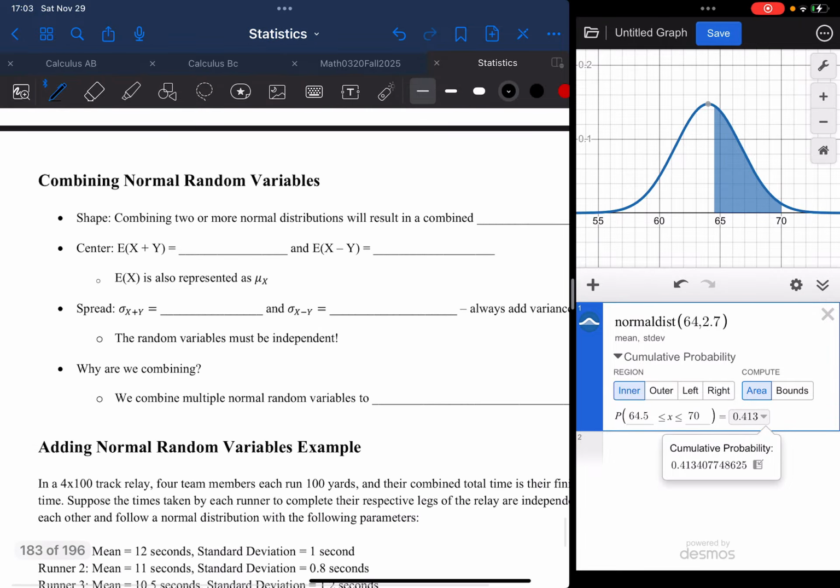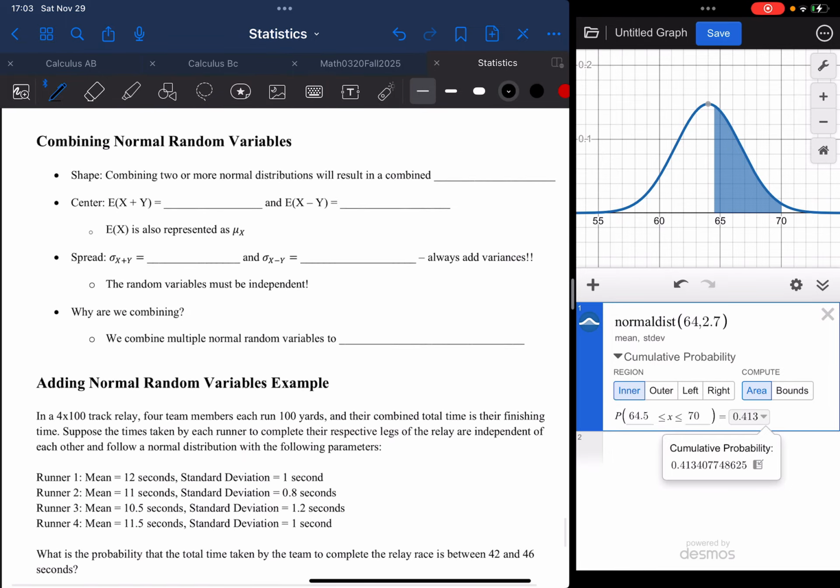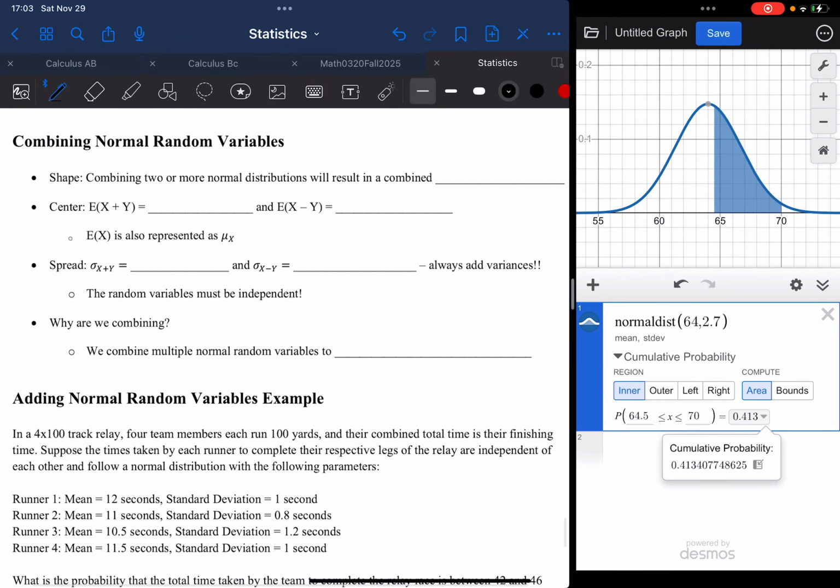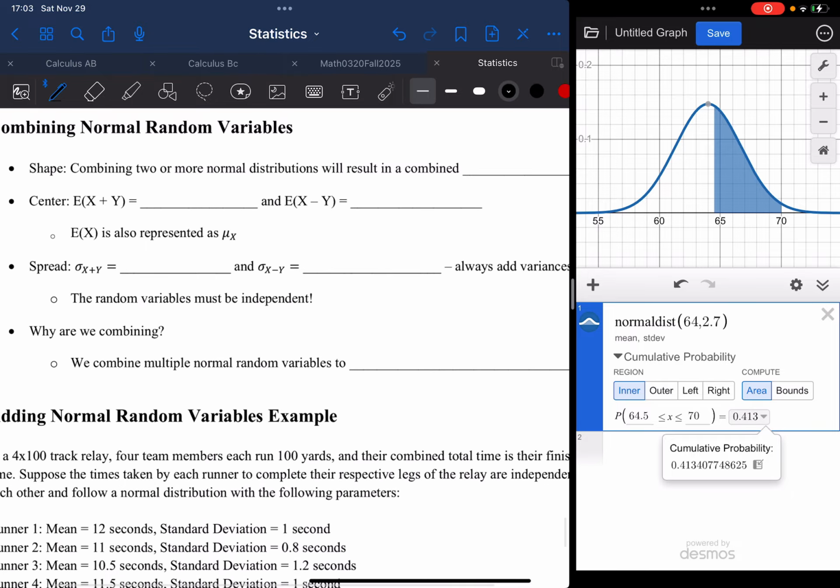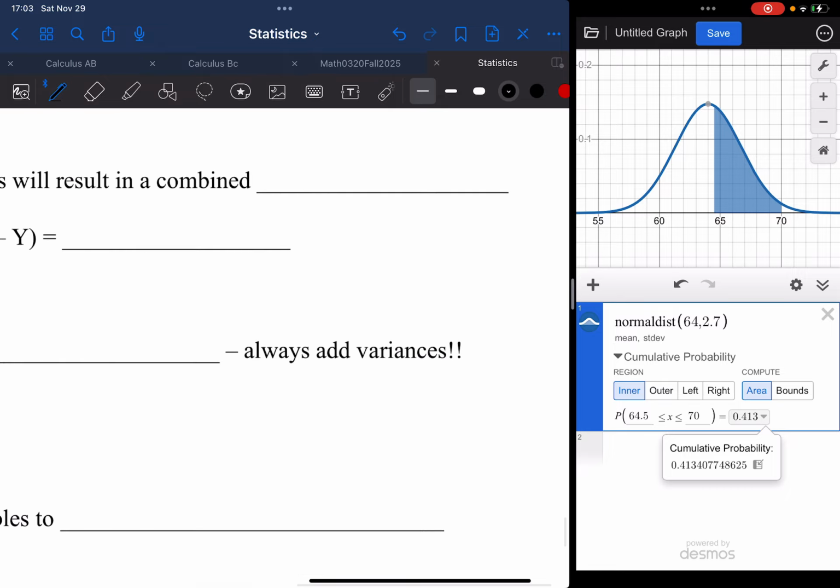Okay, so then we're going to talk about combining random variables. Combining normal random variables. So notice we're still talking about shape, center, and spread, just like when we were talking about the normal distribution. So it says combining two or more normal distributions will result in a combined normal distribution. Okay, so the distribution does not change.